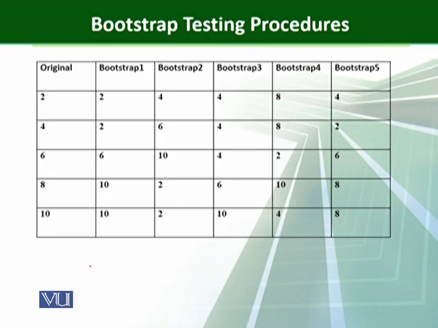When we perform the resampling, the first bootstrap data is 2, 2, 6, 10, 10. Any possible value of the original data can be obtained 5 times because we have 5 observations. The second bootstrap gives the values 4, 6, 10, 2, 2. The resulting new data consists of values that are in the original data.